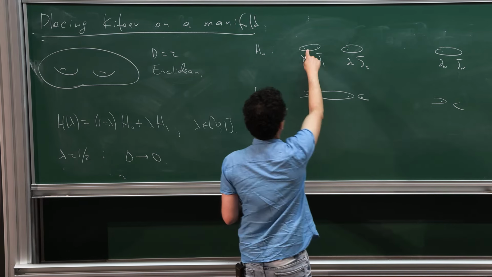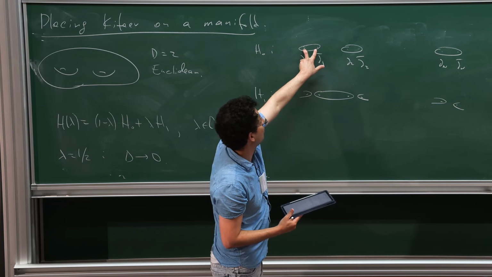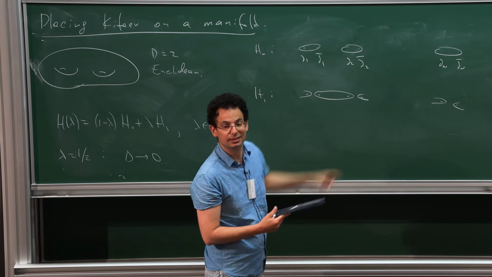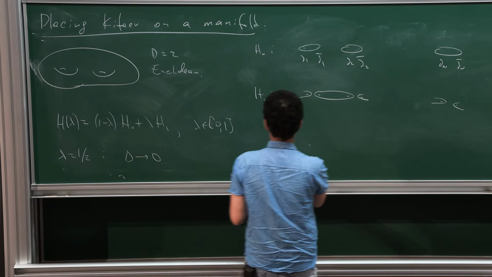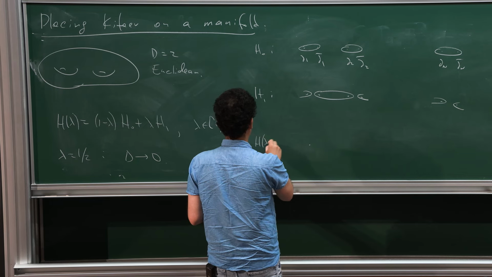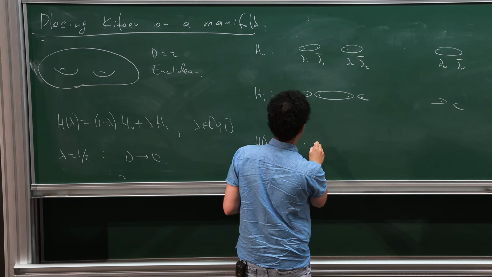Let me draw the Hamiltonian for lambda equal to 1/2. Well, you have equal coupling on sides and between sides. So H of lambda equal 1/2 looks like this.